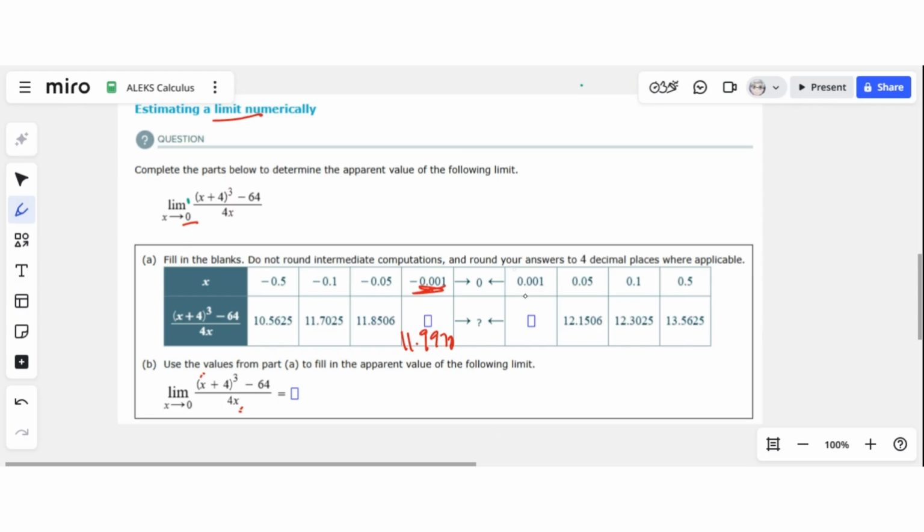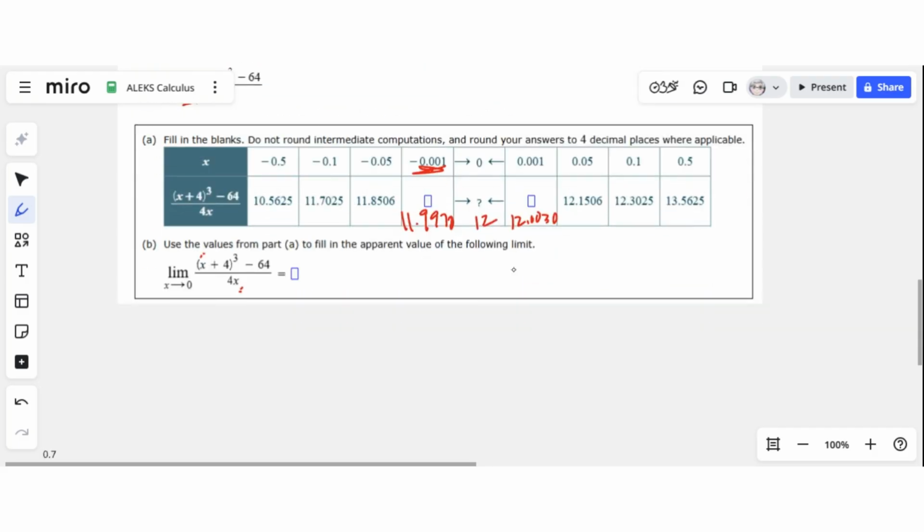I did the same thing with a positive 0.001 and I got 12.0030. Now, you should just be able to tell by looking at these numbers what value this is approaching. It's getting closer and closer to 12 from the left, closer and closer to 12 from the right. So I think you can reasonably say the limit of this function at x equals 0 is 12.